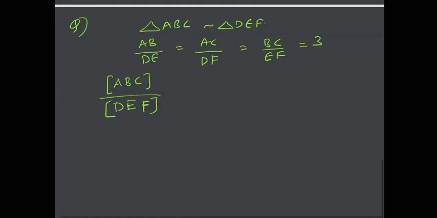So here the scale factor is given as 3. You need to find the ratio of areas of triangle ABC and DEF.